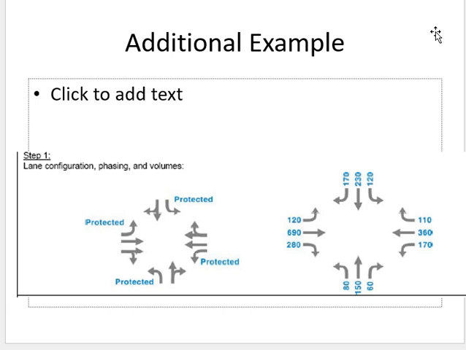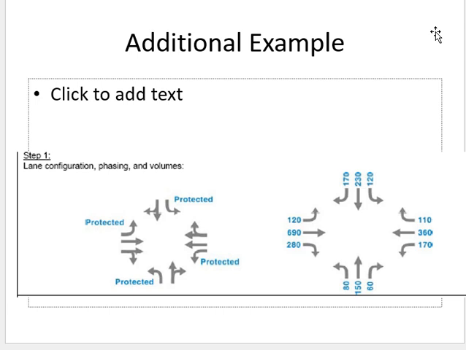Okay, this is another example. Again, the same things are given. This figure shows you the arrangement of the lanes, and this figure shows you the volumes for each direction. 110 for right, 360 for straight, 170 for left, and so on, for each side.